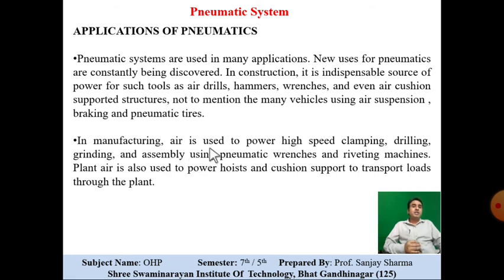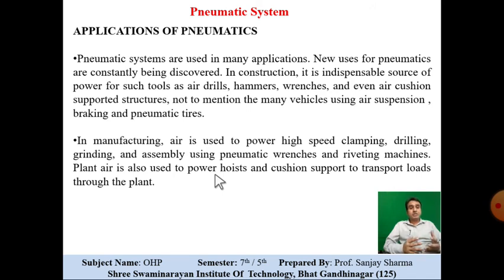In manufacturing, air is used to power high speed clamping, drilling, grinding and assembling using pneumatic wrenches and riveting machines. Plant air is also used to power hoists and cushion support to transport load through the plant. So friends, for drilling, clamping, grinding, assembling, riveting or using the wrench, the pneumatic systems are used.